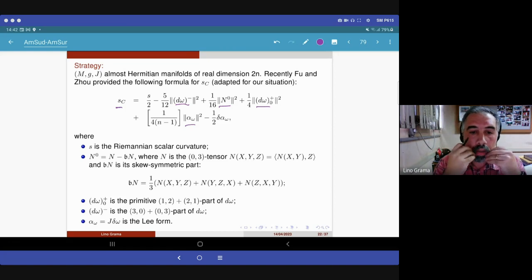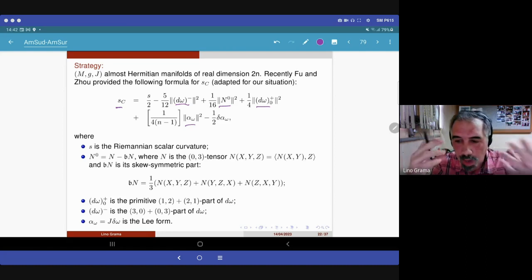We have this symmetric part of the homogeneous tensor. D omega plus is a primitive (1,2)+(2,1) part of omega. Alpha omega is the Lee form. We can describe each piece just in terms of the metric and the almost complex structure.